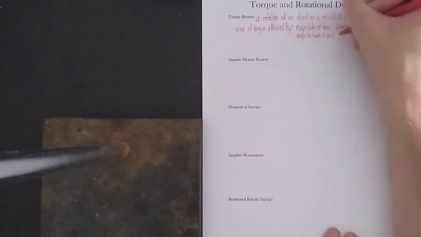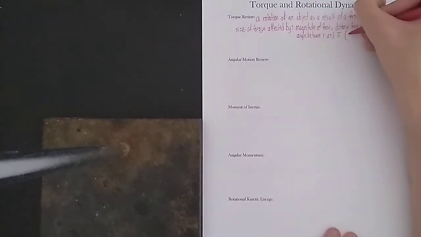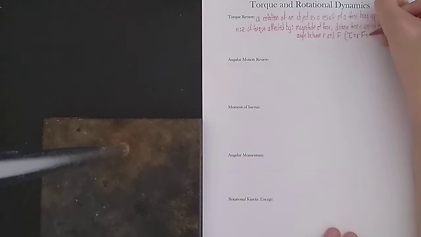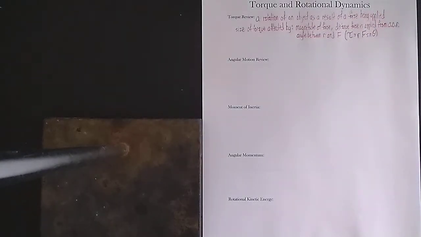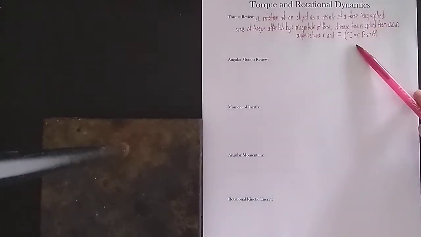R and F. Because remember, the equation for torque, this is a tau, that's a symbol for torque: tau equals R F sine theta. R being the distance that the force is applied from the axis of rotation. A bigger distance from the axis of rotation means a bigger torque, more twisting or turning action. A bigger force leads to a bigger torque, and depending on the angle, that can also change the size of the torque.